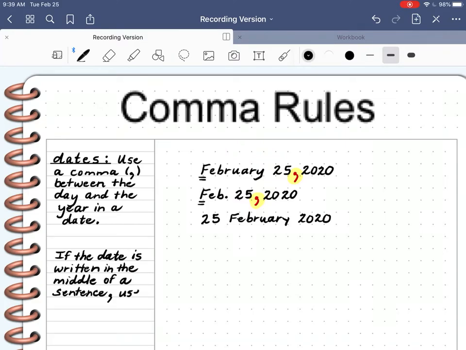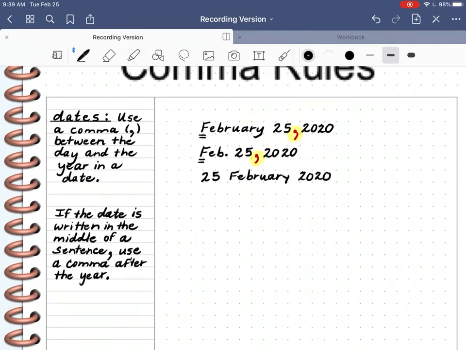Use a comma after the year. And if you need to pause the video to write, that is fine. You can always pause the video. So here is a sentence with the date in the middle of the sentence. I'll show you this example.